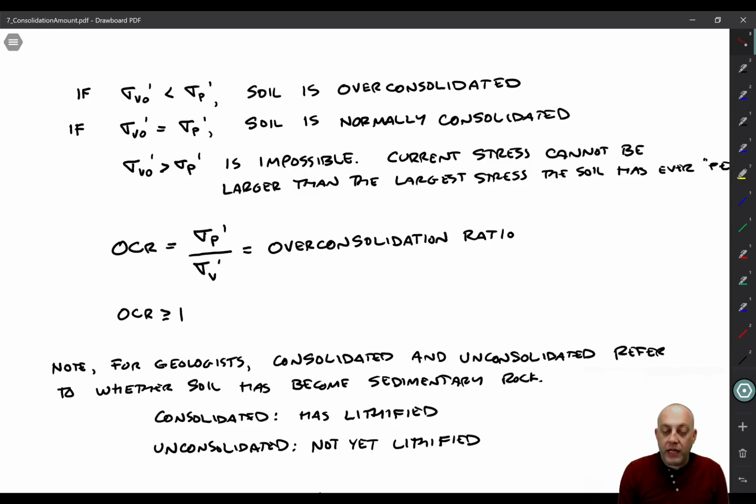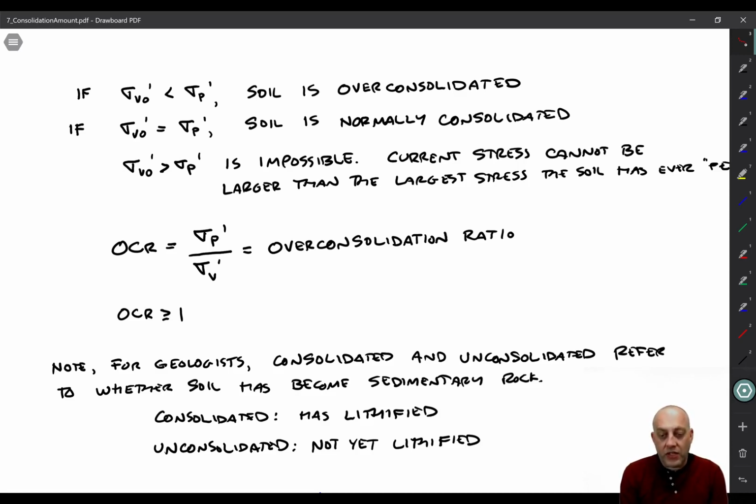One thing I want to point out is that there is room for confusion here when we use the word consolidation or consolidated, especially when we start talking about overconsolidated or normally consolidated, because those mean something very specific in the context of soil mechanics, and they mean something else that's very specific in the context of geology.